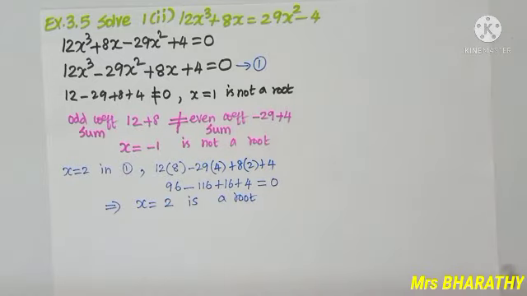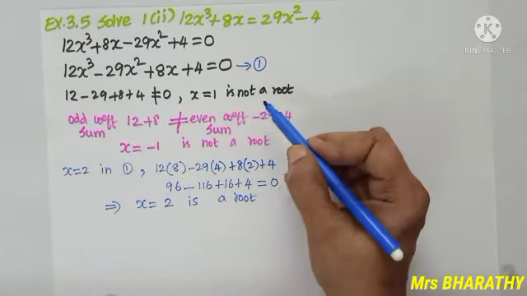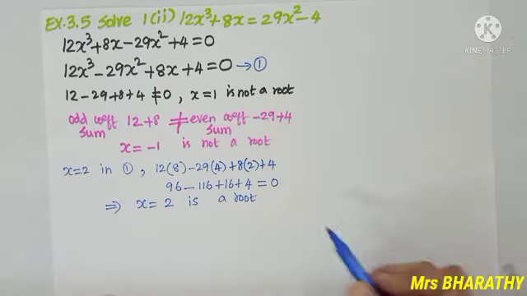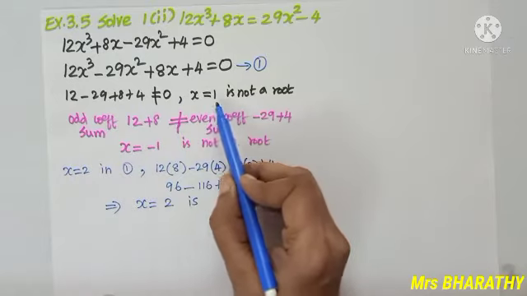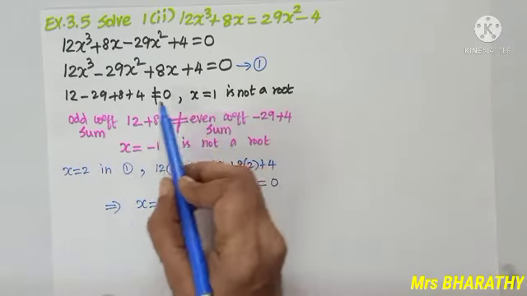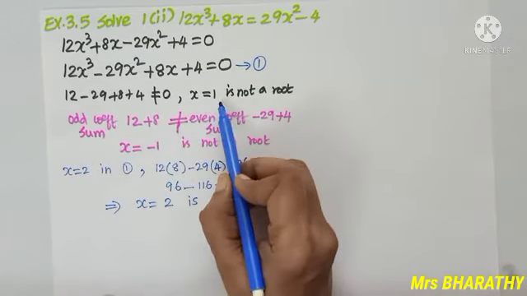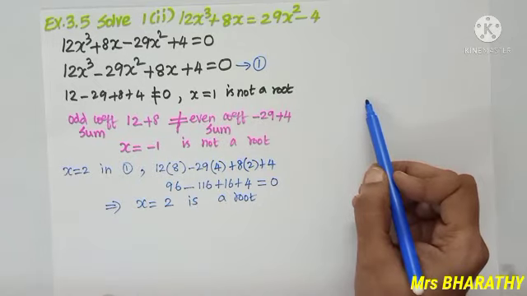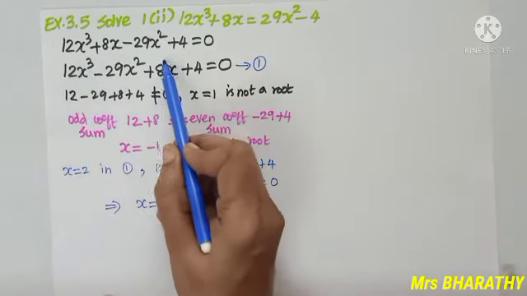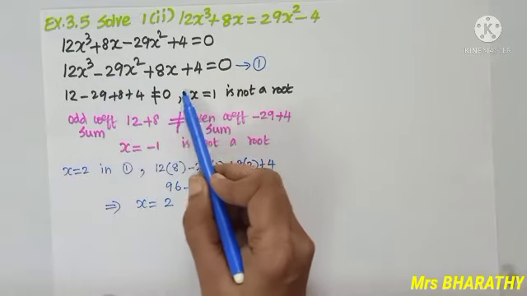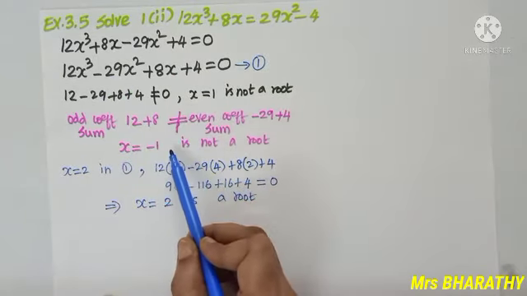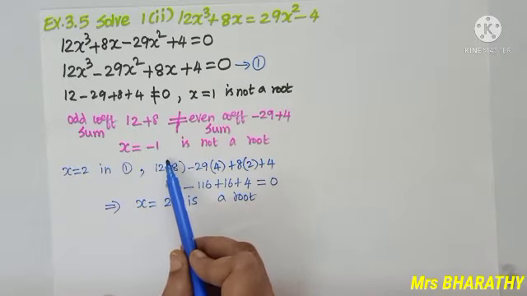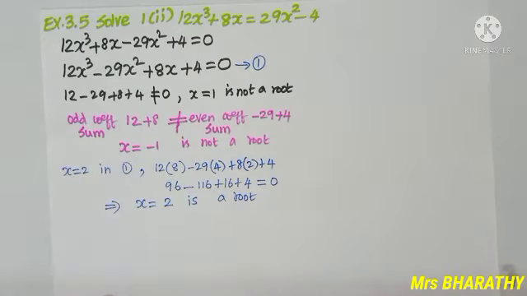So given a problem without any clues about the roots, we need to check like this. Adding all the coefficients, giving 0 tells x is equal to 1 is a root. If it is not 0, x is equal to 1 is not a root. Sum of the odd coefficients and sum of the even coefficients, as I check, they are not equal tells me x is equal to minus 1 is also not a root of it.